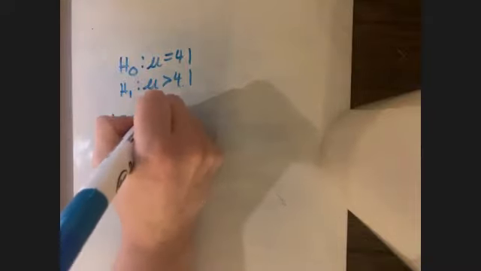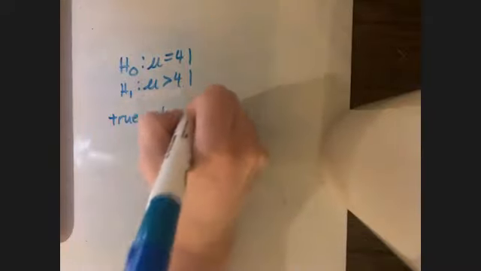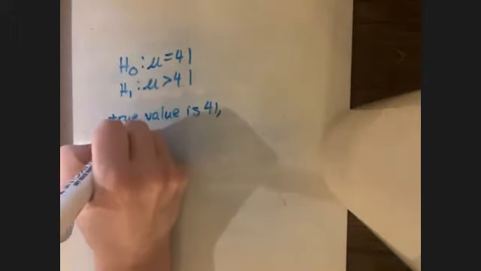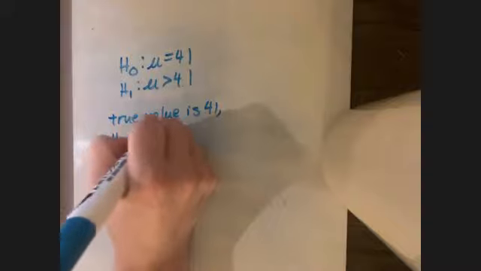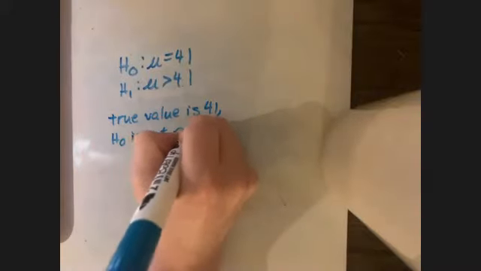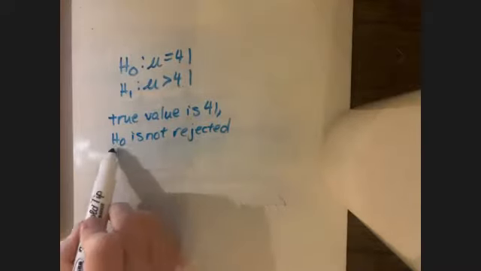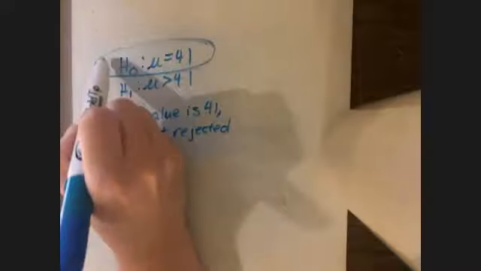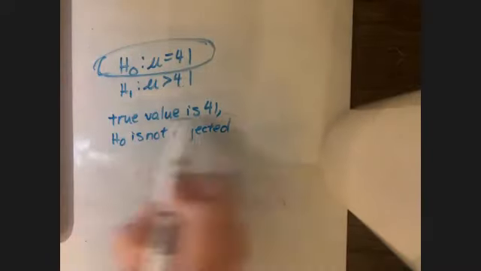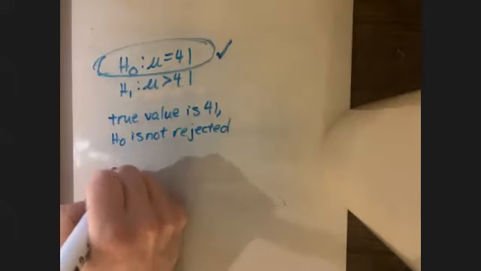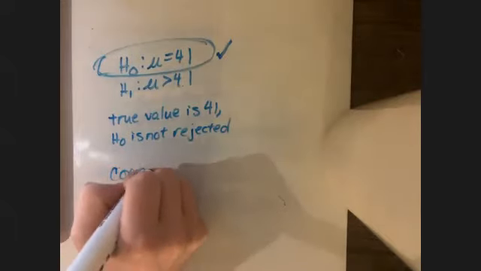They came back and figured out that the true value is 41 and H naught is not rejected. Now this reads kind of weird. If H naught is not rejected, that means we kept it, so I'm going to circle it. The true value is 41. That's what we were supposed to do. This is a correct decision.